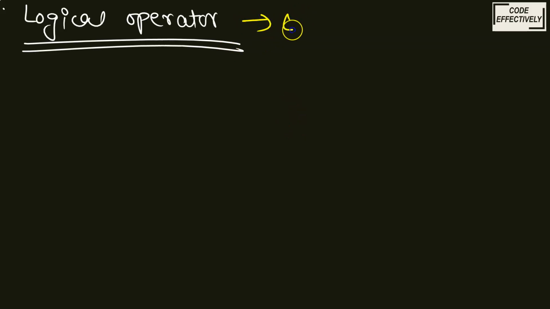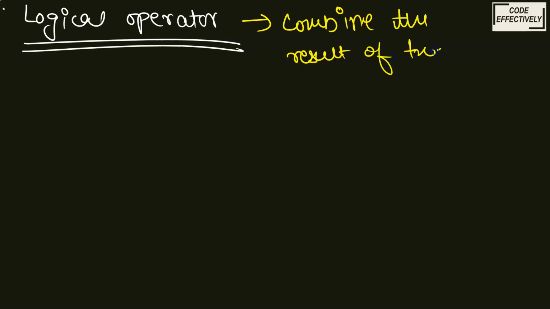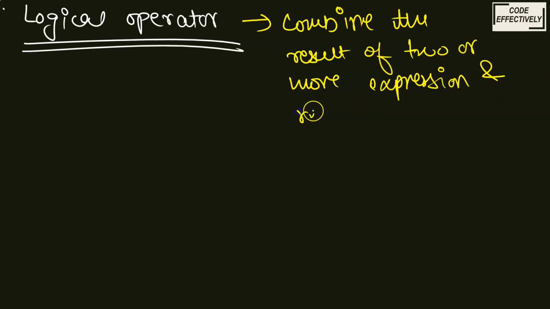They combine the result of two or more expressions, and then they calculate logically. After combining them, they calculate the logic, relate them logically, and then give us the exact final expression.